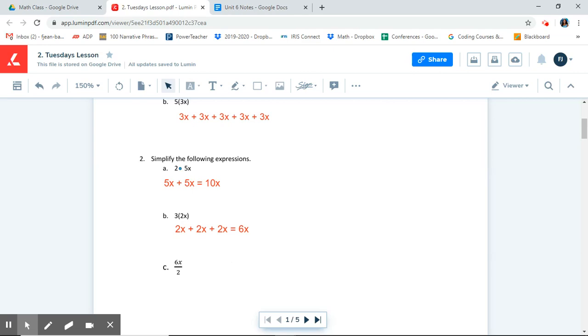What operation is happening between the 6x and the 2? Yep, division is happening. We know that that fraction bar represents division. Is there any way that we can simplify this, knowing that the operation happening between the 6x and the 2 is division?